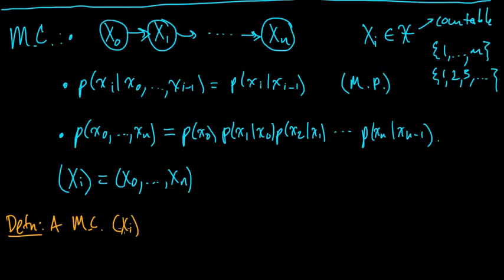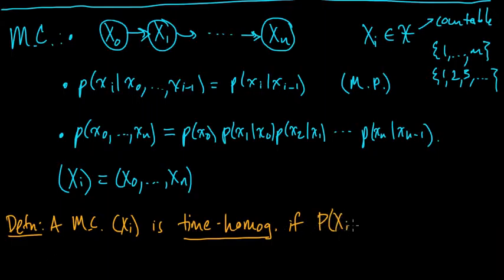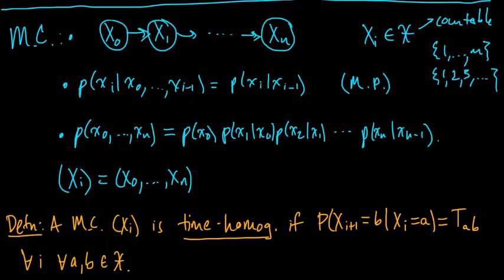We say that a Markov chain X_i, using our shorthand here, is time homogeneous if we have the following property: the probability that X_{i+1} equals some value b, given that X_i equals some value a, equals a number t_ab, for any i from 0 to n minus 1, and for any a and b in X. The important part is this is for any i, and this is for some matrix T. So take all these numbers t_ab and throw them together into a matrix T.